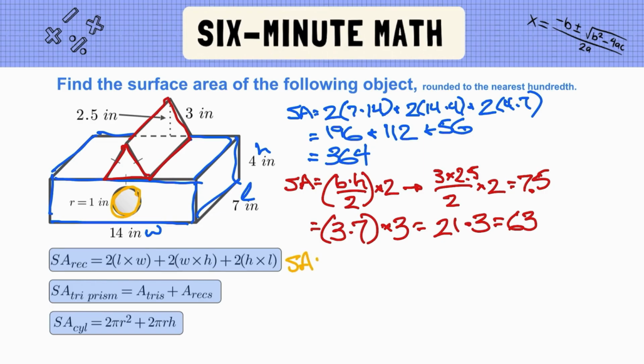We have the surface area of that lateral side, which is 2 pi RH. So we have 2 times pi times 1 times 7, which is 43.9822.